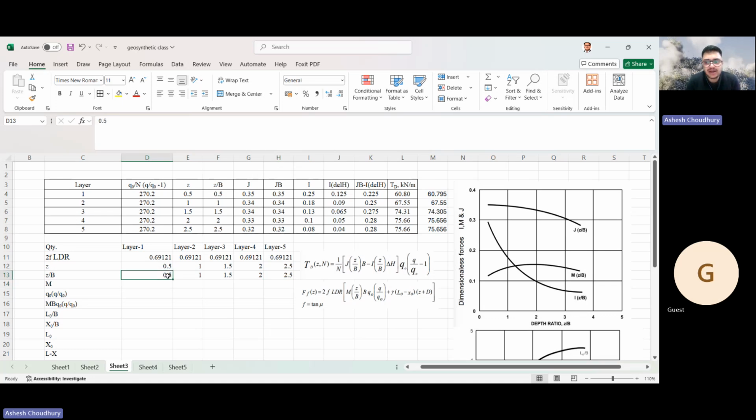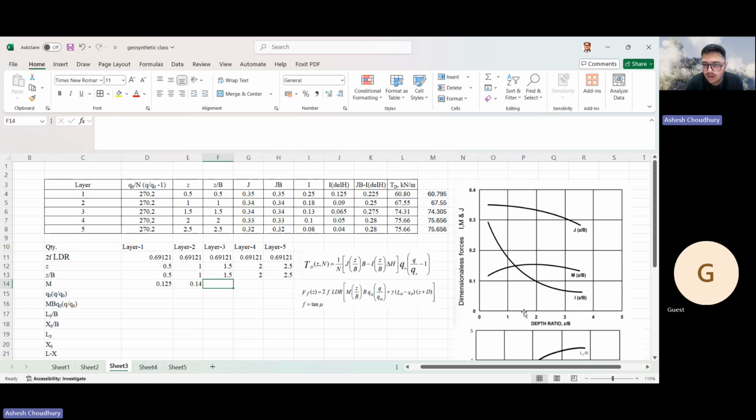Now next is my M. For Z by B 0.5, I have to get the M from here. For Z by B 0.5, what is my M? I can take it approximately as 0.125. Now for Z by B 1, what is my M? Here it is approximately 0.14.